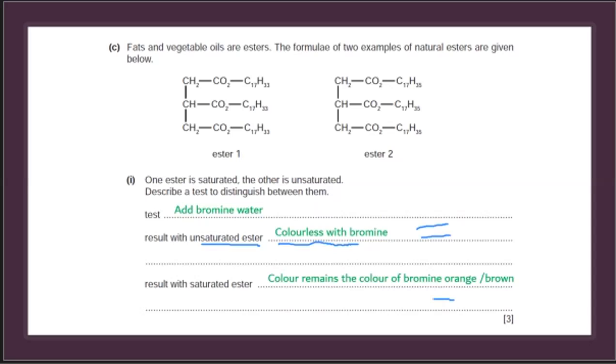Now, what am I talking about? This long chain here that is added on to the structure. So they tell you one is saturated and one is unsaturated. Now, you don't have to go through the whole structure to try and figure it all out, but that is the basic reasoning behind it.